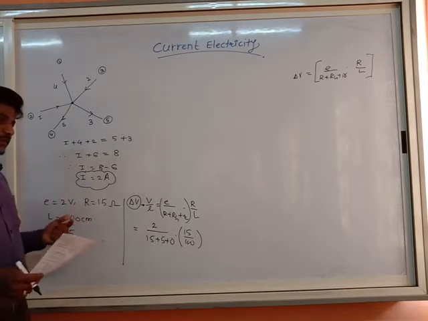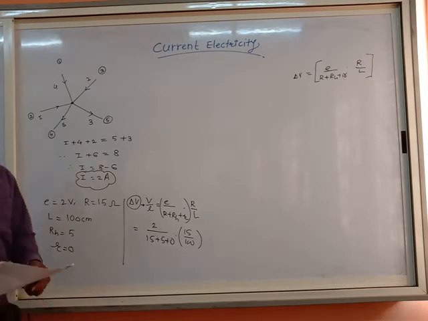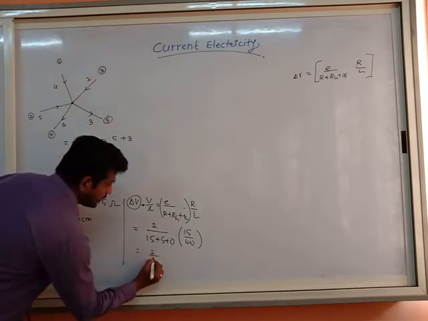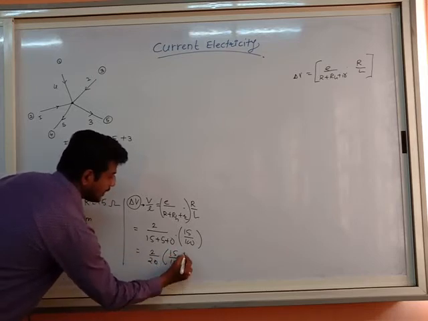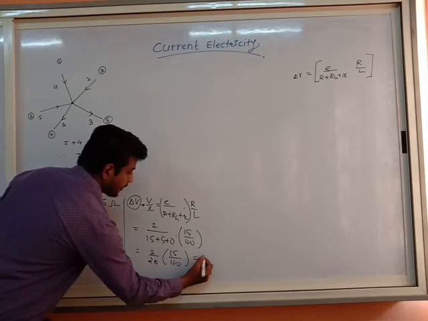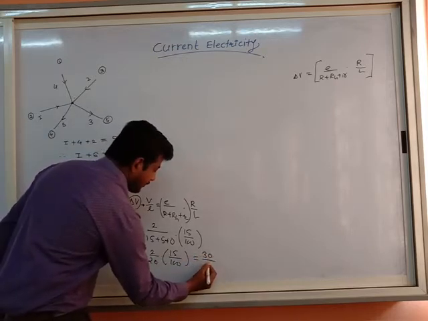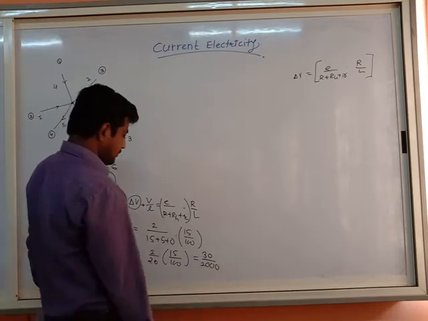Options are in centimeter, so keep in mind L is equal to 100 centimeter. So it is 2 by 20 into 15 by 100, so it is 30 by 2000.